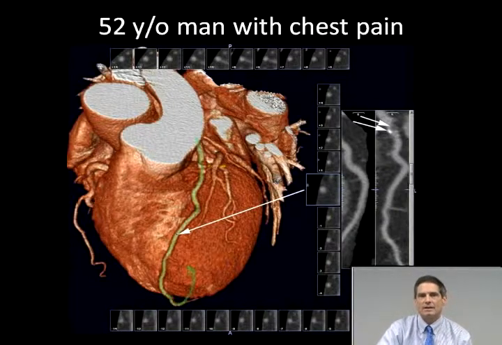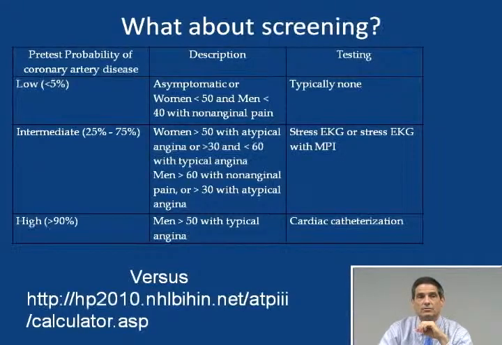Note that on that right-sided image where the arrows are, there's a significant, greater than 50% stenosis of the proximal coronary artery where the double arrow is. I'd like to thank Mark Millen, my associate at Radiology Associates, for providing me with this image. It shows you what the future of coronary artery evaluation is probably going to be.